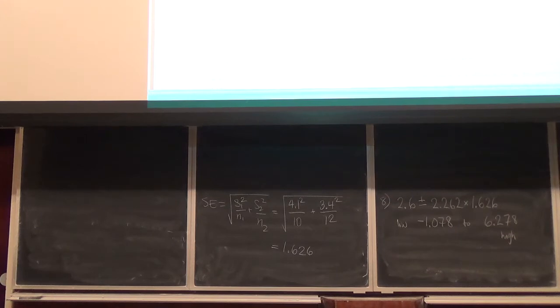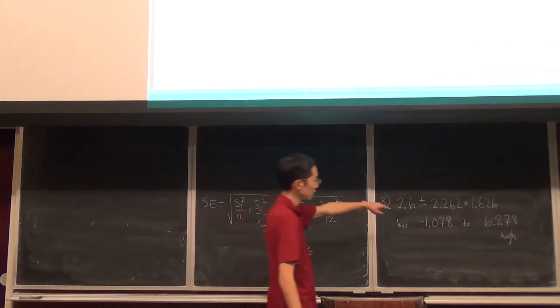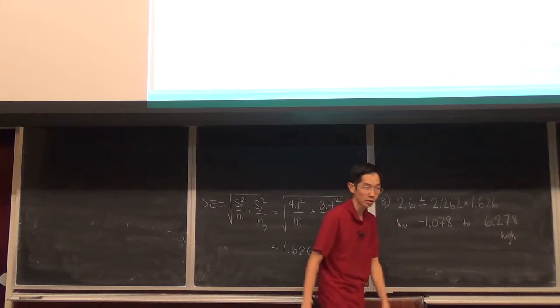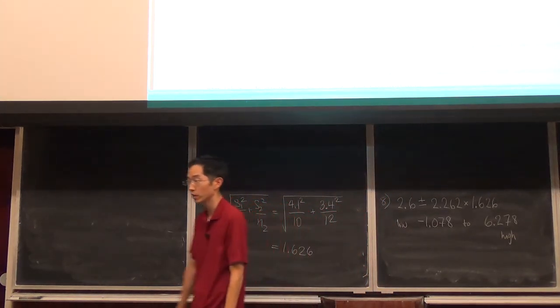Correct. Okay, so number 9 says, based on your 95% confidence interval, do we conclude that there is a difference in the average weight gain? No, because 0 can be between. Yeah. So when we look at our interval, the number 0 is in between -1 and 6.278.